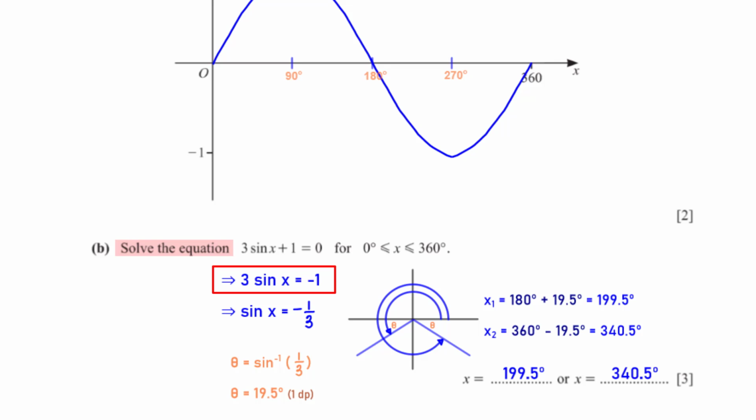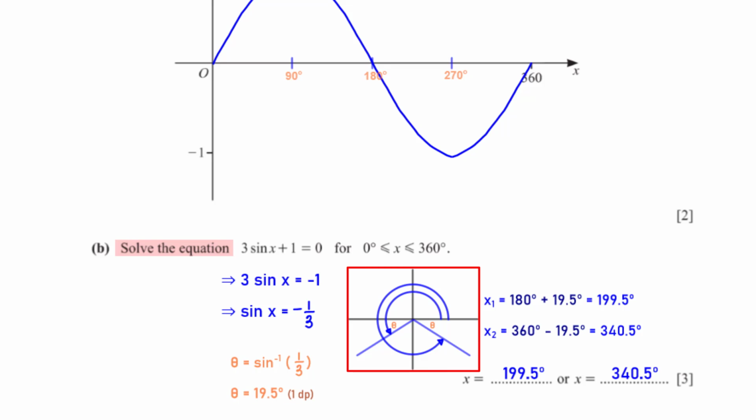And when we divide both sides by 3, we have sine x equals negative 1 over 3. To be able to get all the possible values of x in the given range, we need to find theta, which is the sine inverse of the positive value of negative 1 over 3, which is 1 over 3. This gives us 19.5 degrees rounded to one decimal place.